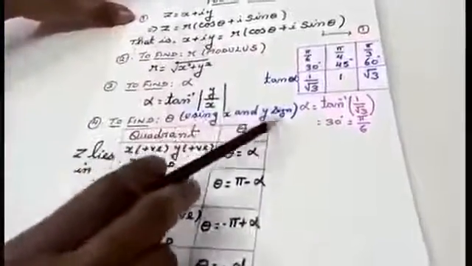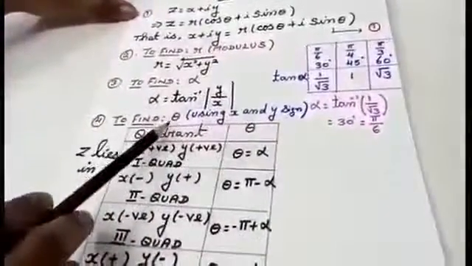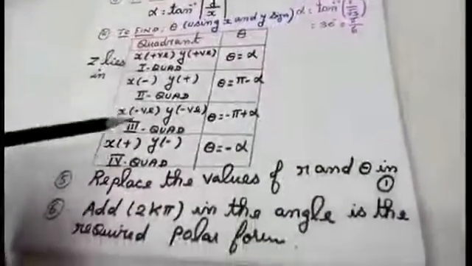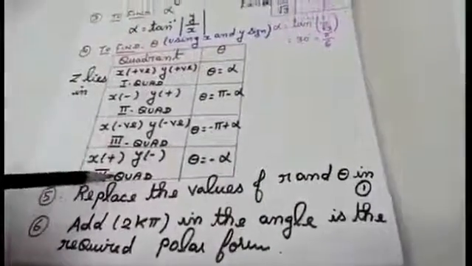Using the signs of x and y only, I am going to find theta, students. That is, I am going to fix the quadrant where z lies. Totally there are 4 quadrants: first quadrant, second quadrant, third quadrant and fourth quadrant. I am going to convert this alpha into theta, and this is the procedure for finding theta.